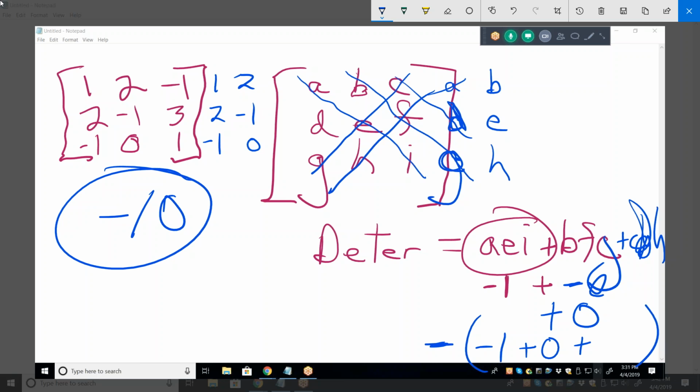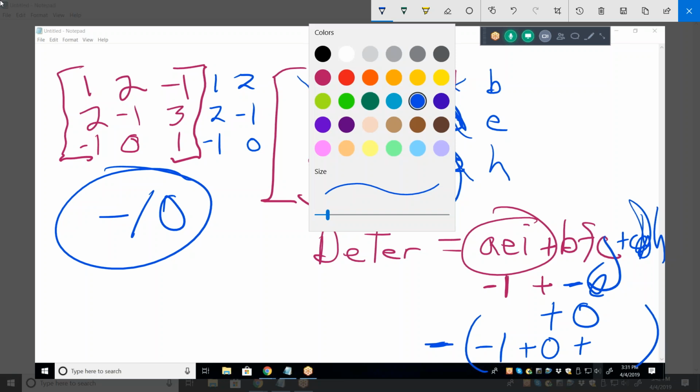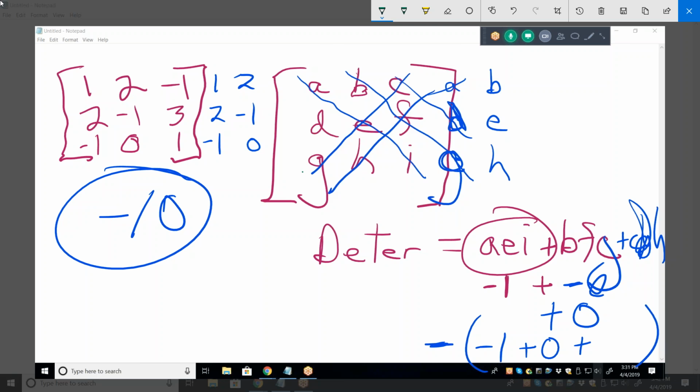But I'm absolutely convinced now that you take, let me use a different color, you take that, you add it to that, and you add it to that, and then you subtract that, along with that, along with that.